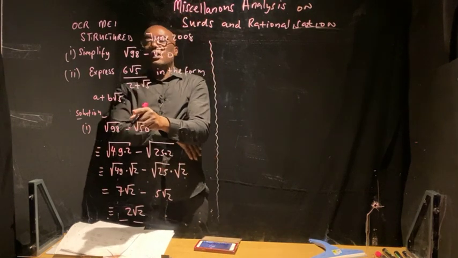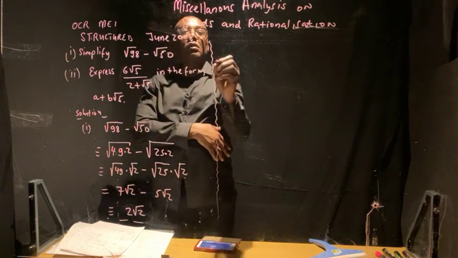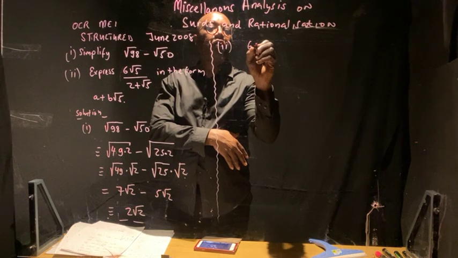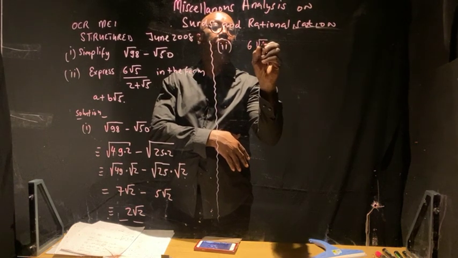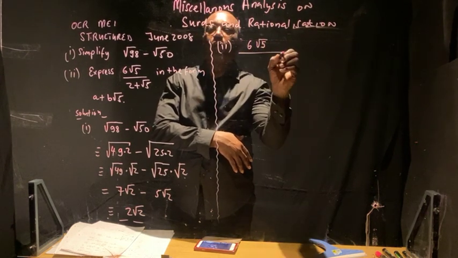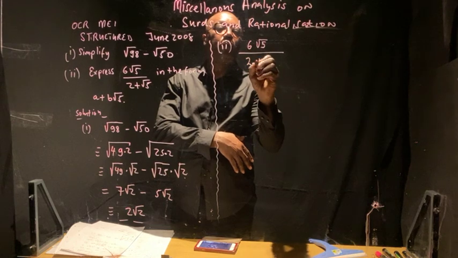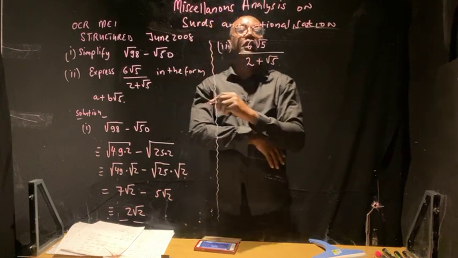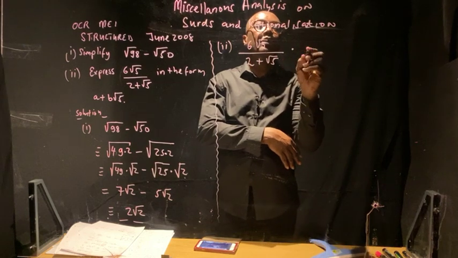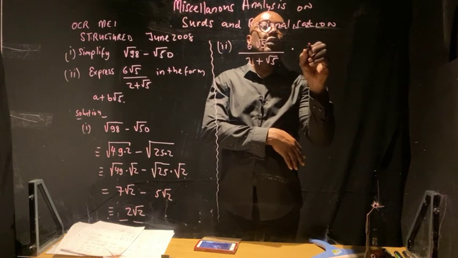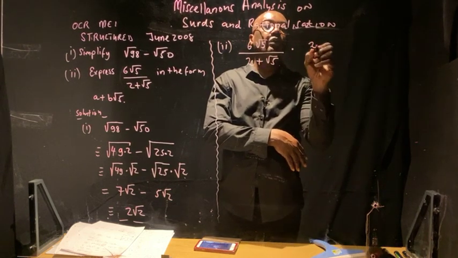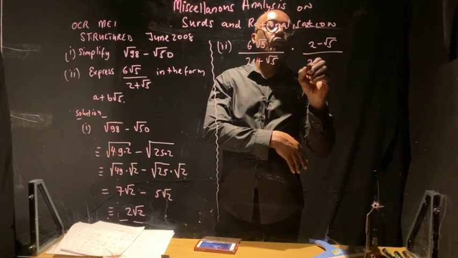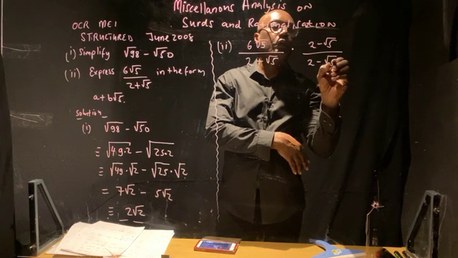Then let's go to question 2, which is 6 root 5 over 2 plus root 5. You rationalize the denominator. In that case, this one becomes 2, instead of plus, it becomes minus root 5, all over 2 minus root 5.